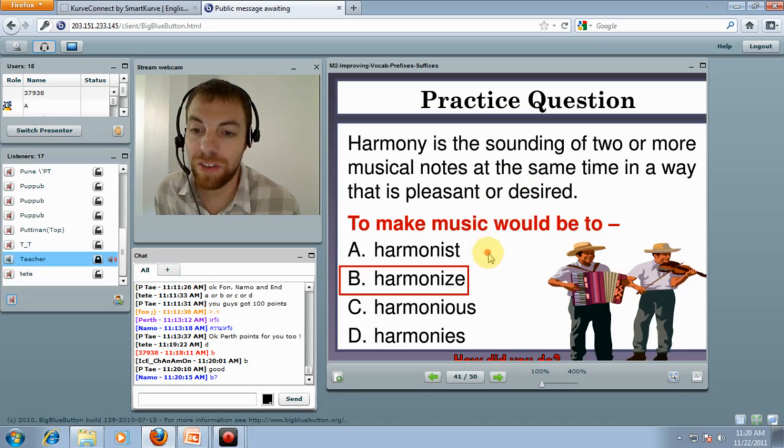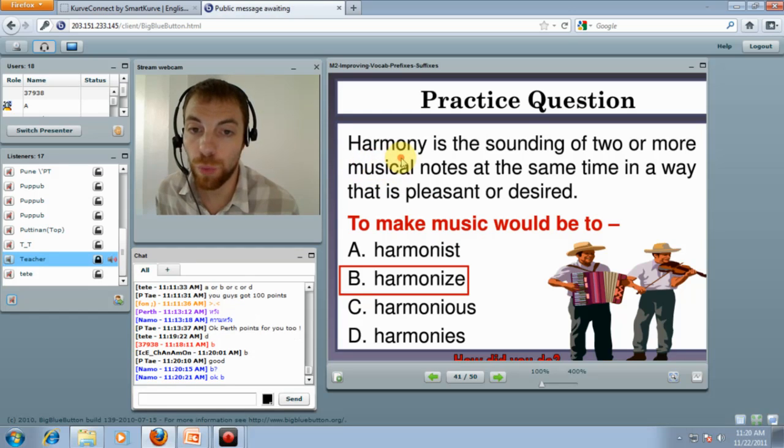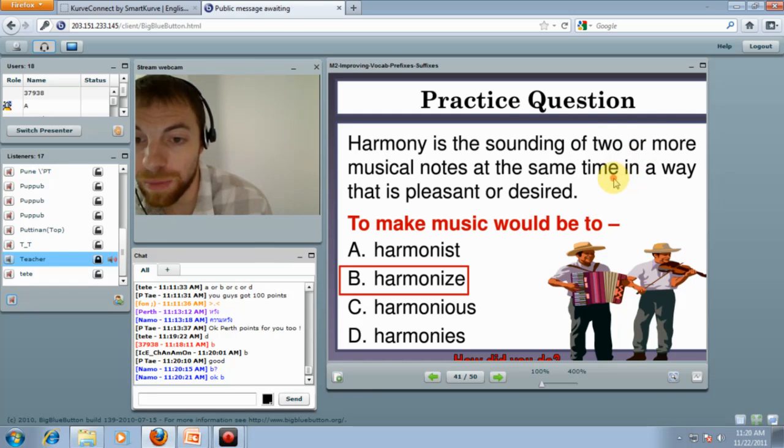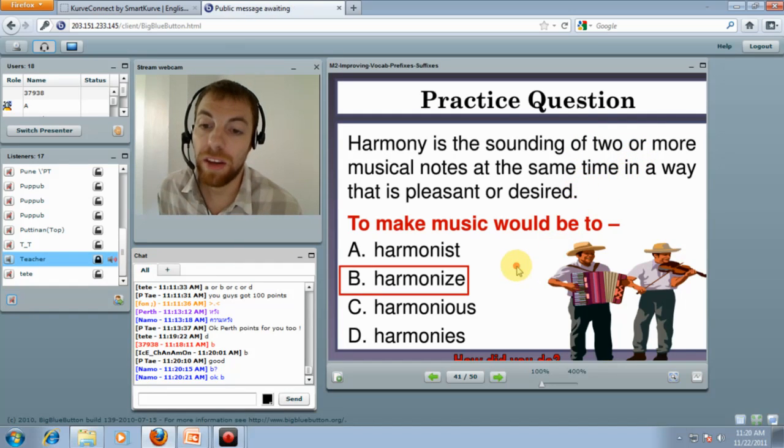Yes, making music is to harmonize. So we use the base word, root word, harmony, and we added the suffix ize. That now means to make harmony. So harmony is two notes at the same time, or more at the same time. And to make a harmony is to harmonize.